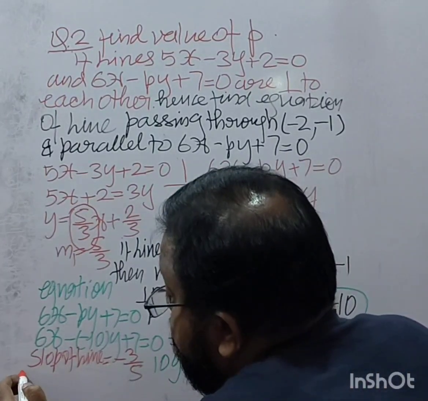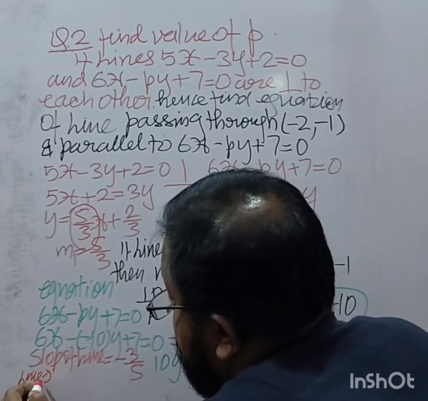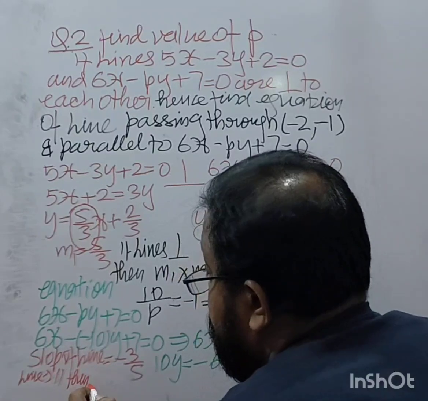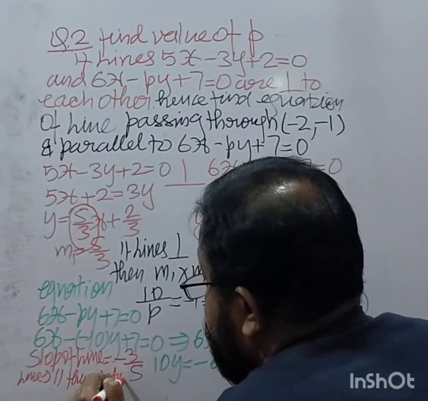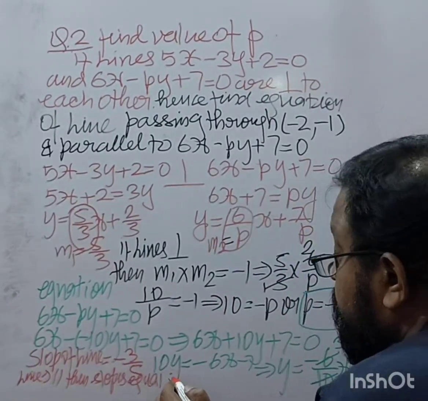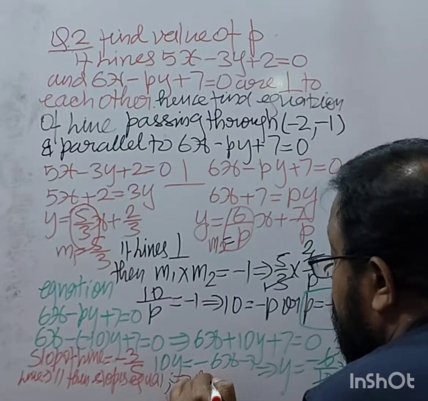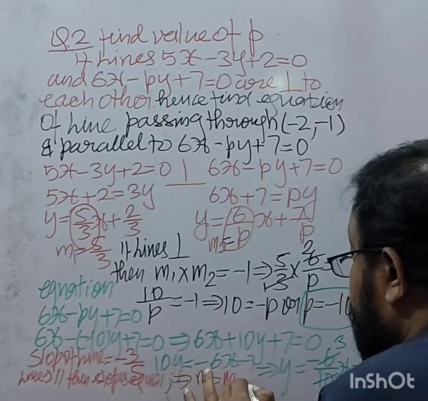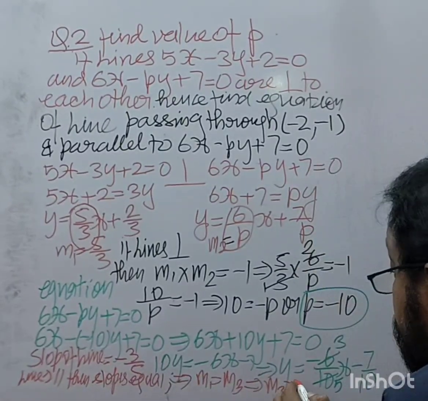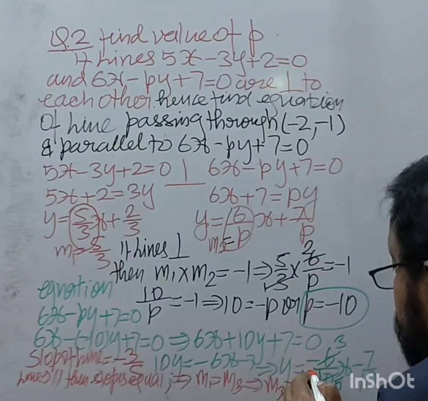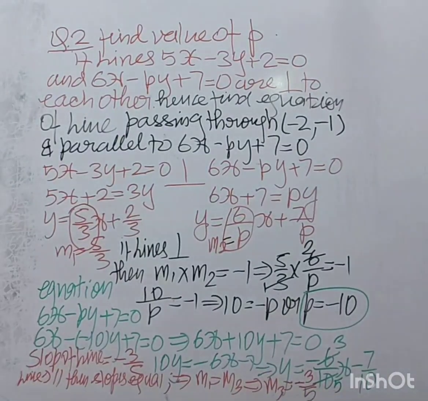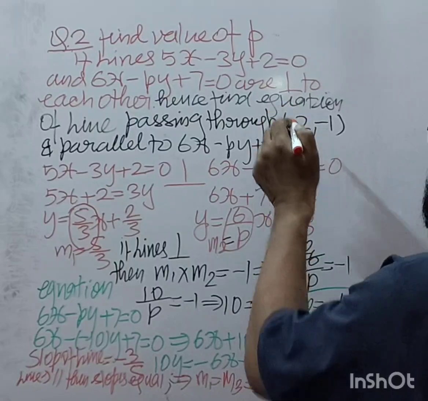Lines parallel, then slopes equal. Therefore, m1 is equal to m3, which is equal to minus 3 by 5. Right? Now you have the coordinates.